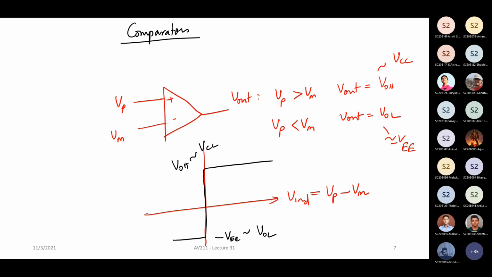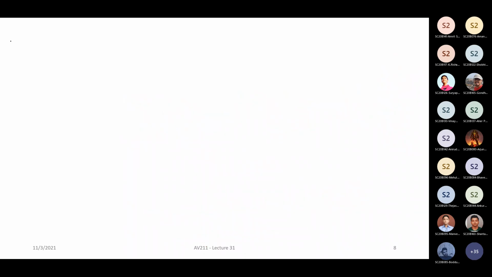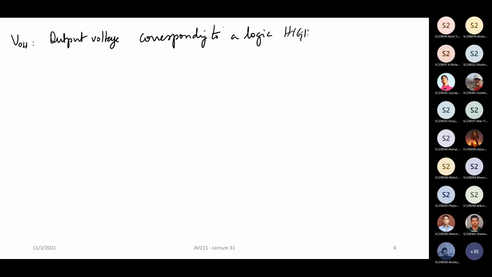Now, why do we call it VOH and VOL? Basically, this is digital circuits terminology. VOH means the output voltage corresponding to a logic high, or let's call it 1.